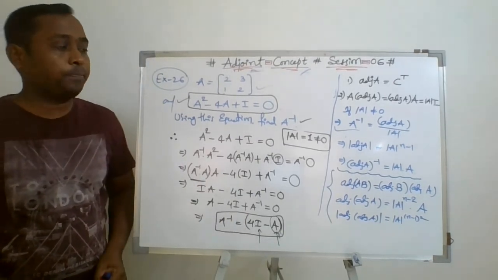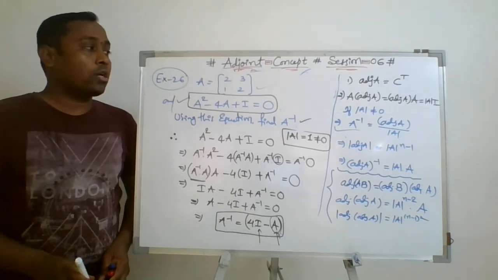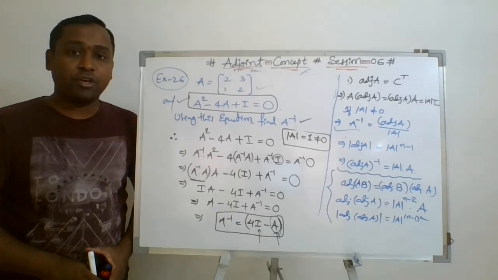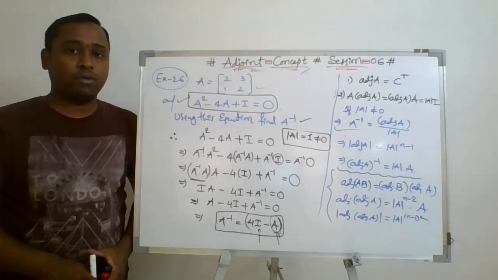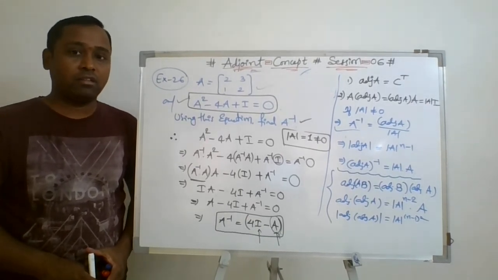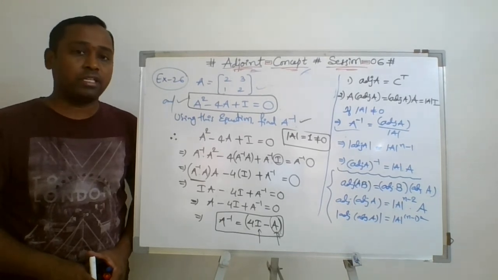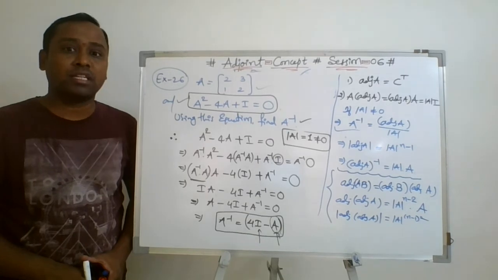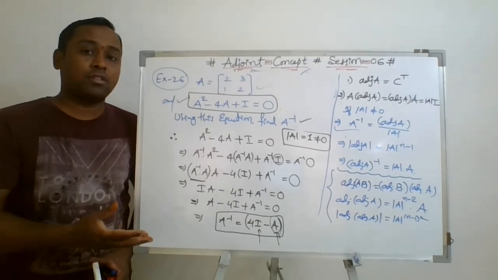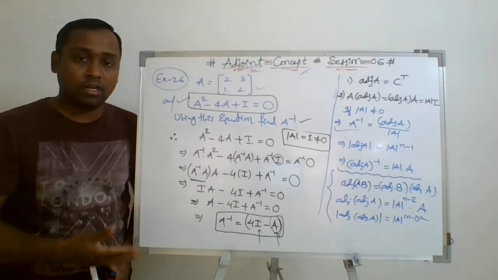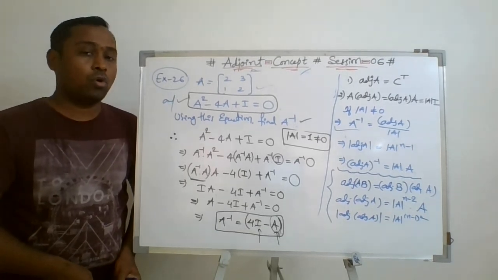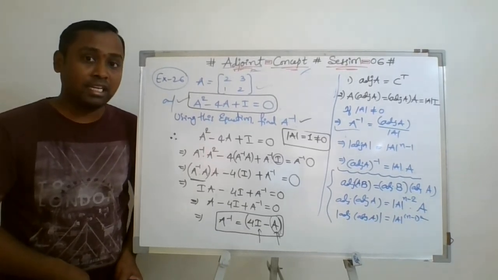So friends, this is what I tried to explain to make you understand the concept of adjoint. You have seen that in this session we started with the definition of adjoint, and we have derived one important result. Based on that result, we have derived several sub results, which we called corollaries, or which are also termed main important key results.